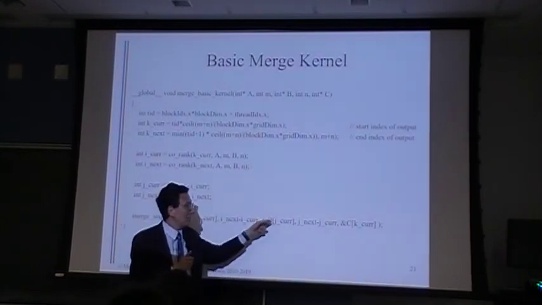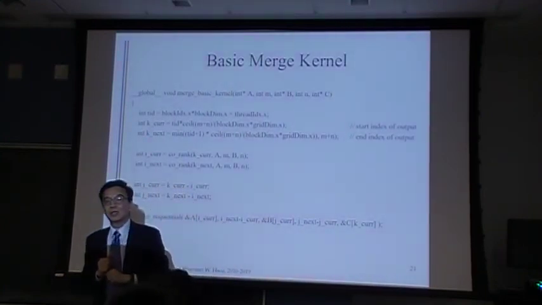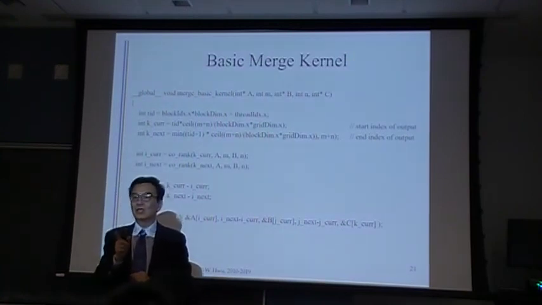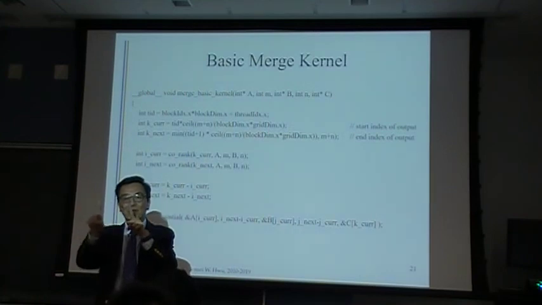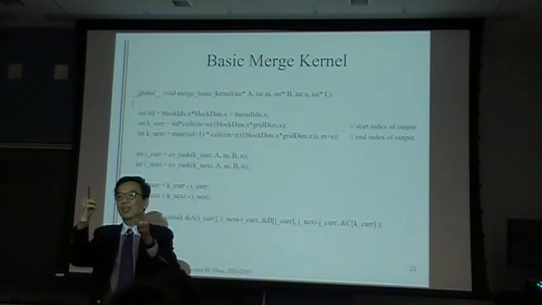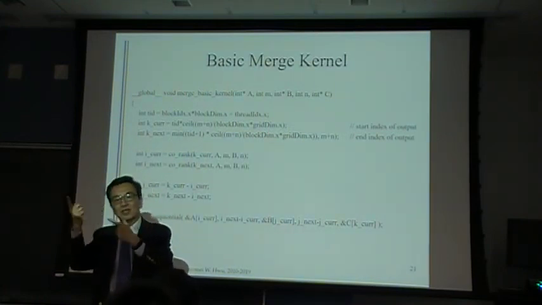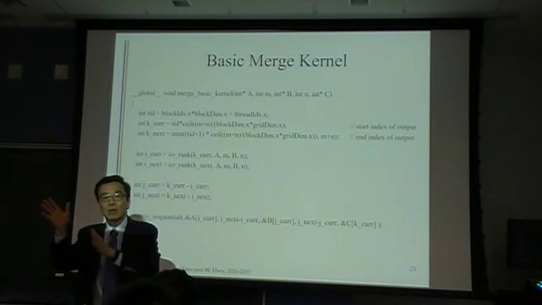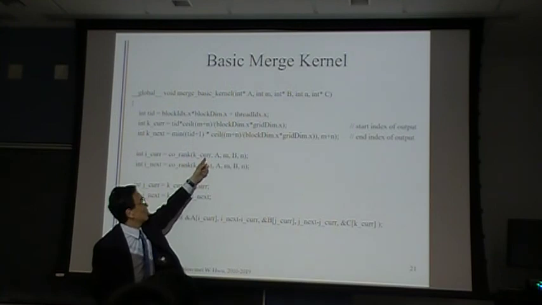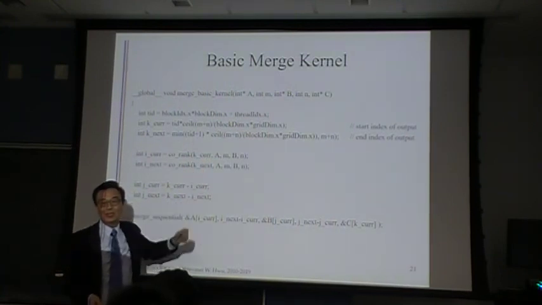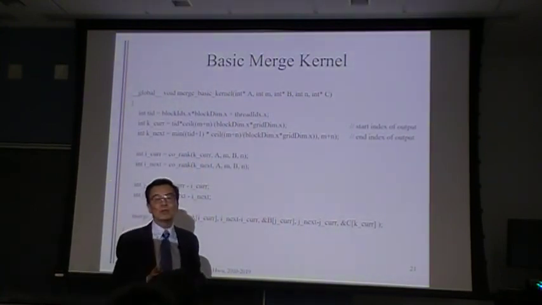So this is actually quite balanced, because all the threads are going to be filling the same number of positions. So the total number of A and B elements that they need to visit in a sequential algorithm will be balanced across all the threads, right? But these two may not, right? So that's why the n-ary search is very important.